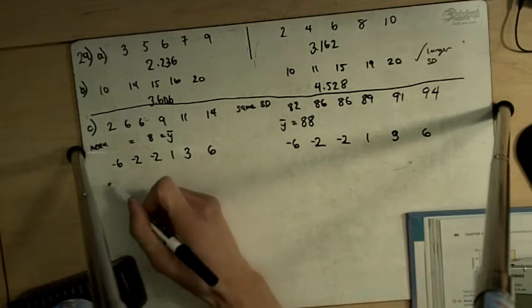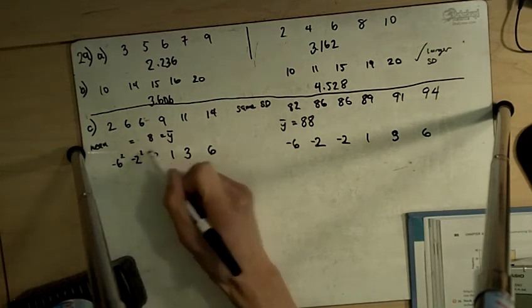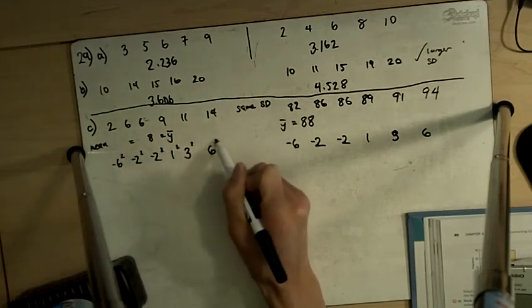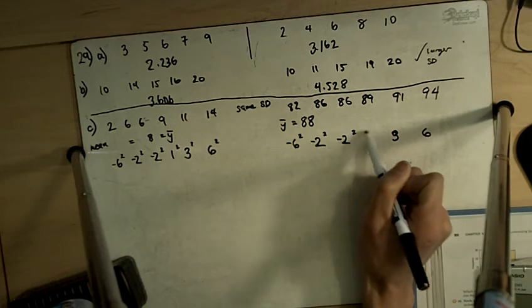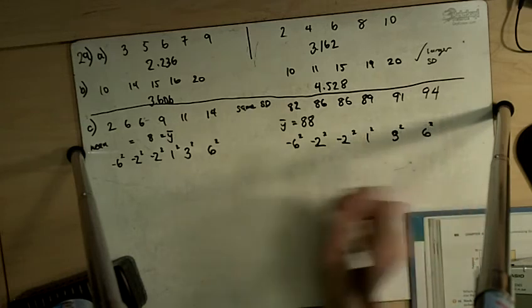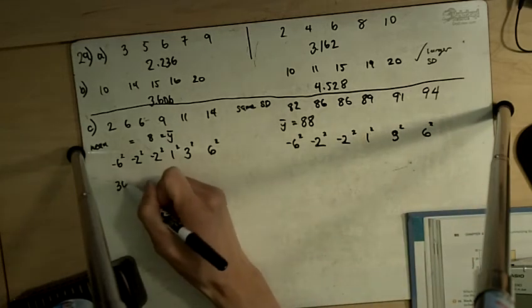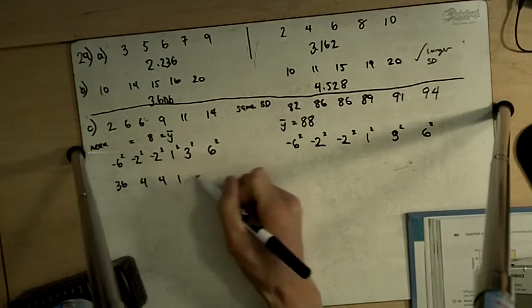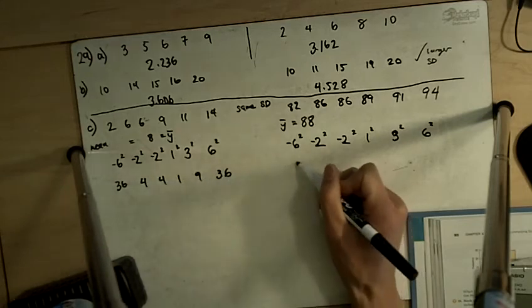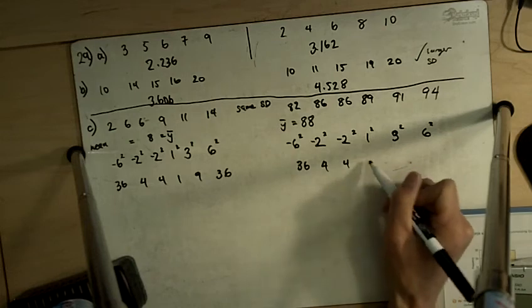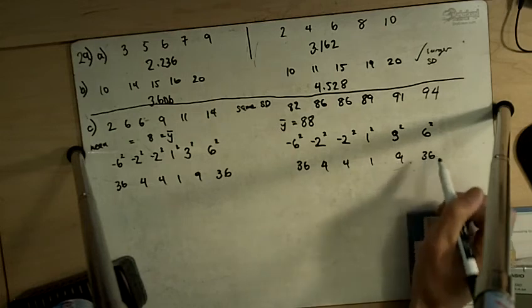Okay? Step 3 again is we square all of these points. And because these numbers are the same for both sets, we're going to get the exact same numbers. We have 36, 4, 4, 1, 9, and 36. Again, 36, 4, 4, 1, 9, and 36.